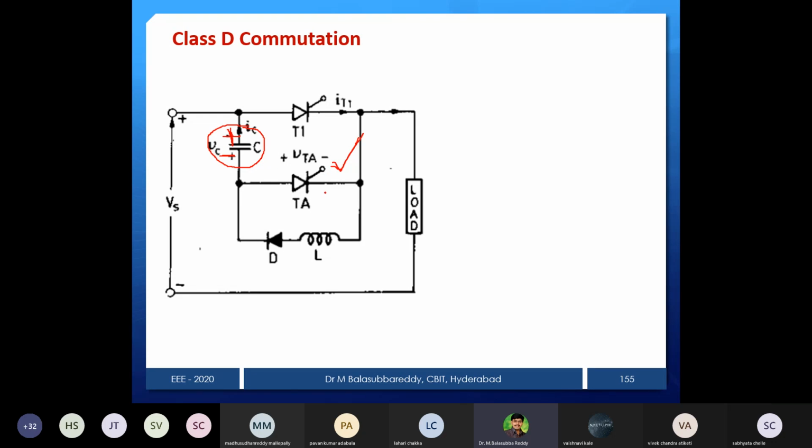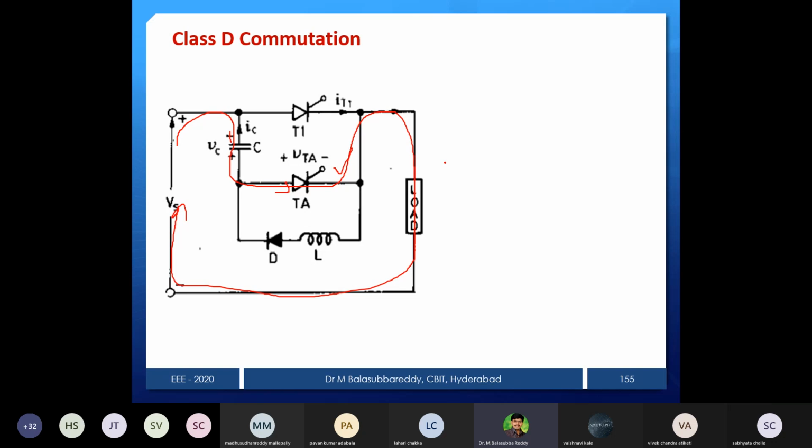To charge the capacitor, thyristor TA will be on. If TA is on, what will happen, anybody? Current will pass like this. That's all. Once the capacitor is completely charged, no current passes through the capacitor. Therefore automatically TA is going to be turned off. So that is the mode 0 operation.